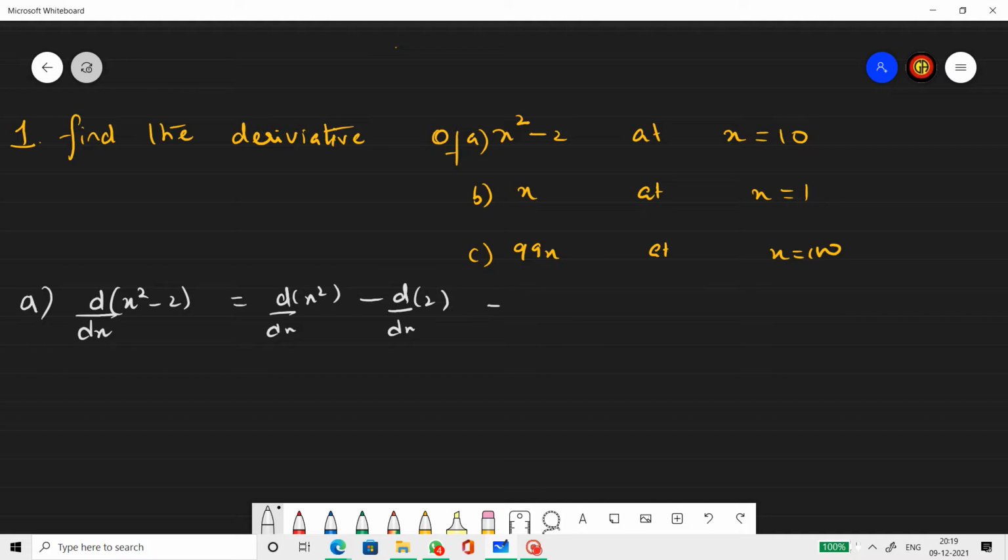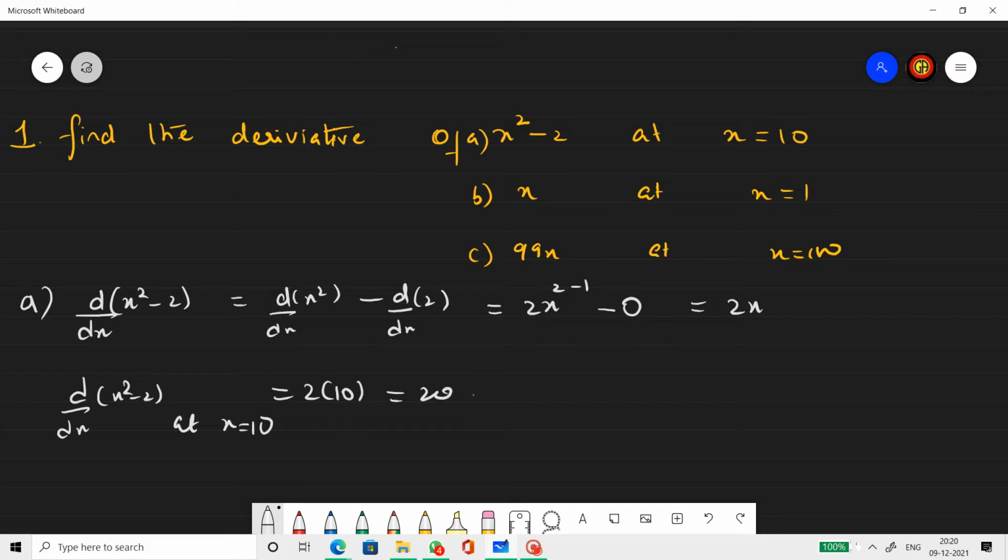D by dx of x square is based on the x power n rule. So you get 2x to the power of 2 minus 1. And d by dx of 2, being a constant, is 0. So answer is 2x. Now find dy by dx of x square minus 2 at x equal to 10. We already know the answer is 2x. So 2 into 10, 20. So this is the first question.